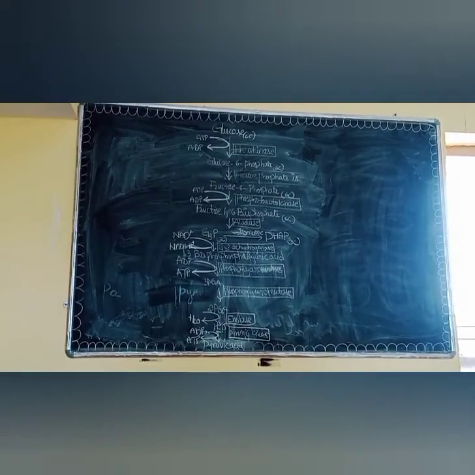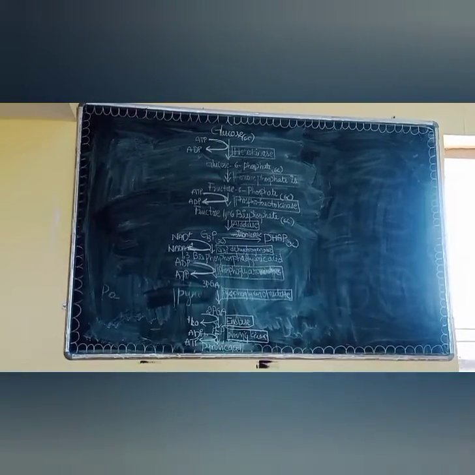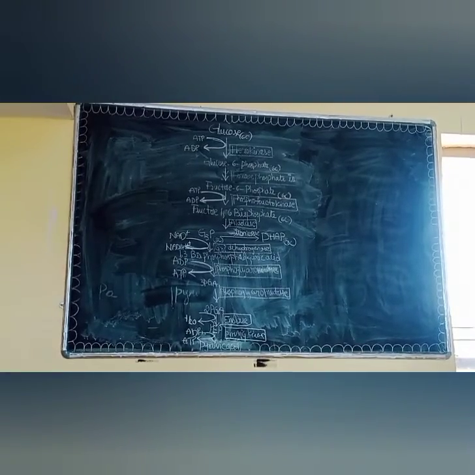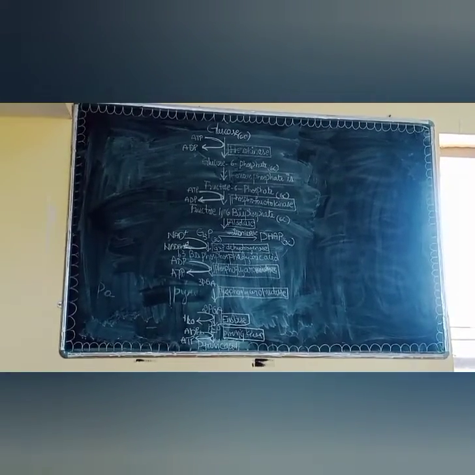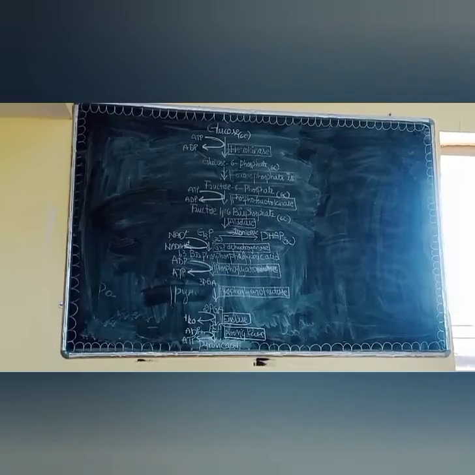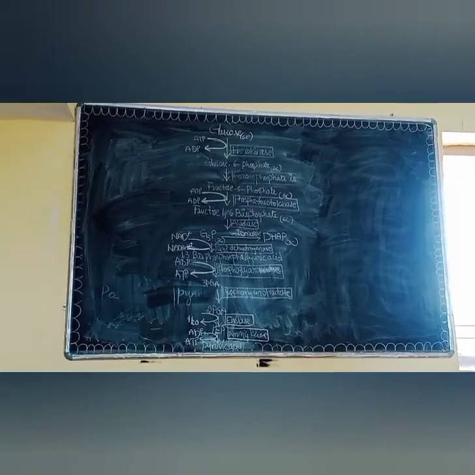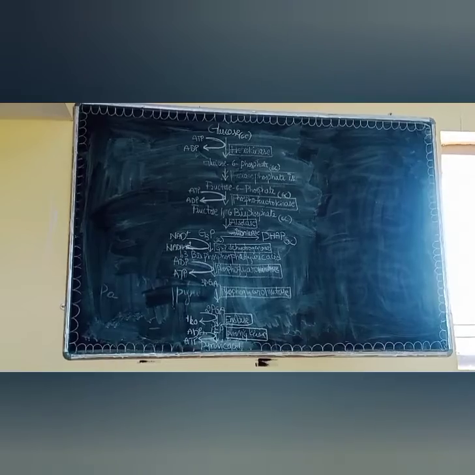Coming to the second step, from glucose 6-phosphate we get fructose 6-phosphate in the presence of hexose phosphate isomerase. The equation will be like this: glucose 6-phosphate in the presence of hexose phosphate isomerase gives fructose 6-phosphate.